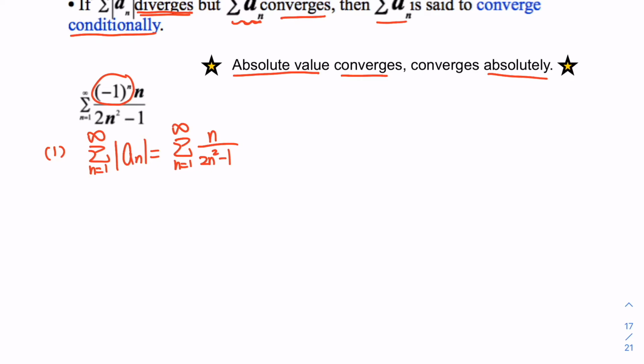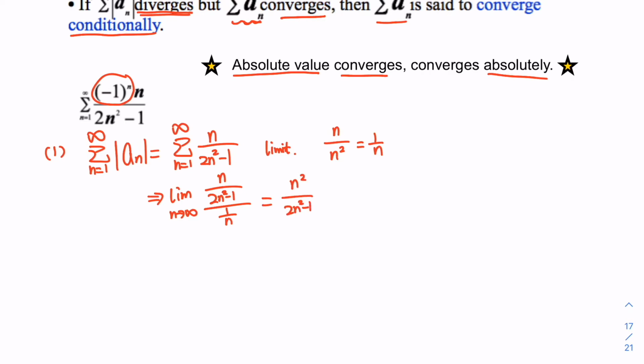The nth term test is not going to work, and it's not geometric or a p-series. We can use the limit comparison test. We can compare with n over n², which is 1 over n. So we take the limit as n goes to infinity of n over (2n² minus 1) divided by 1 over n, which is n² over (2n² minus 1), which goes to 1/2.